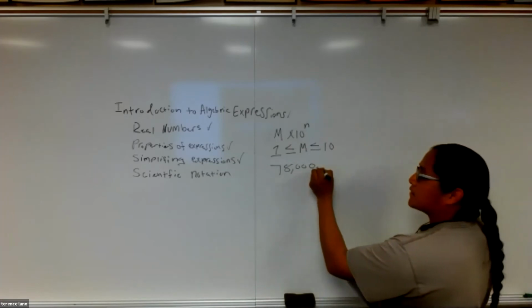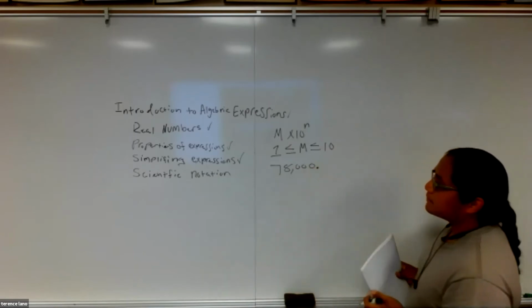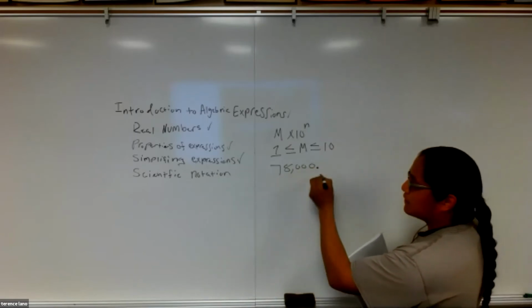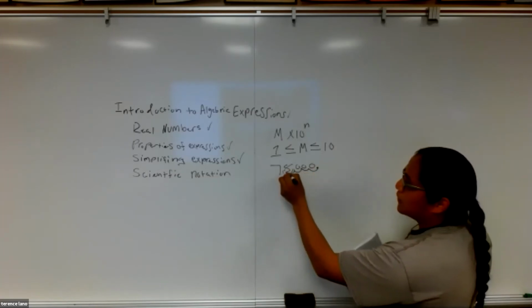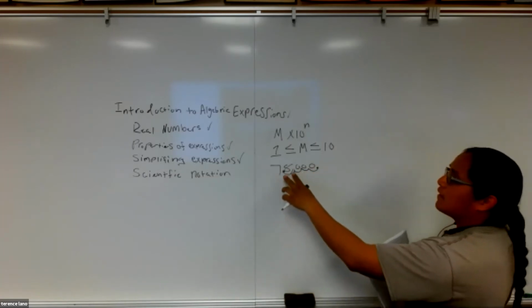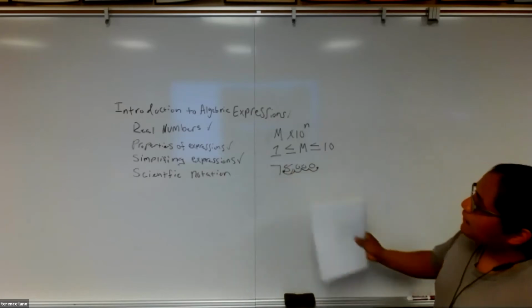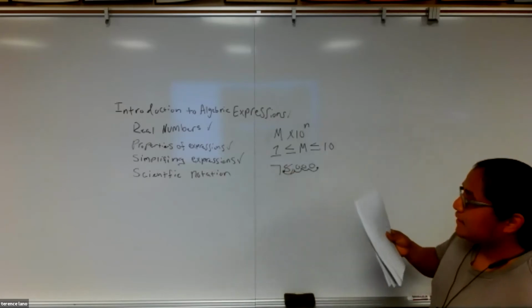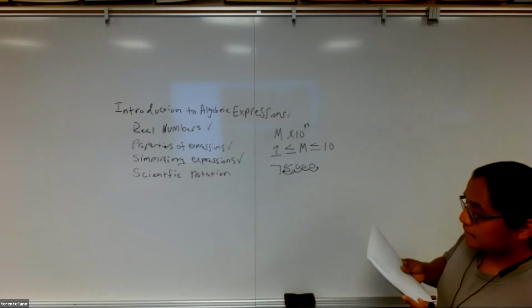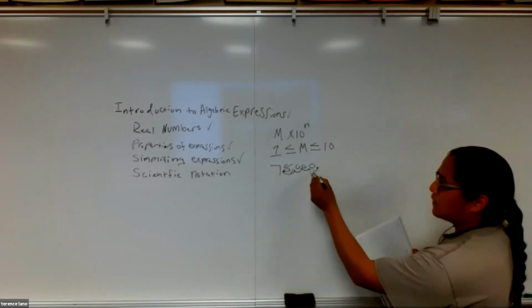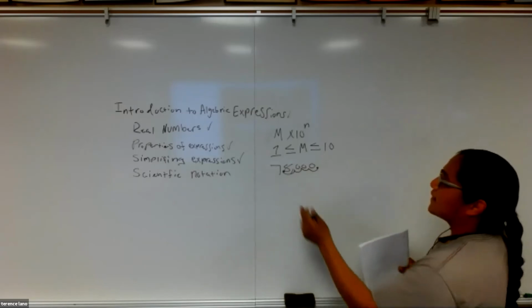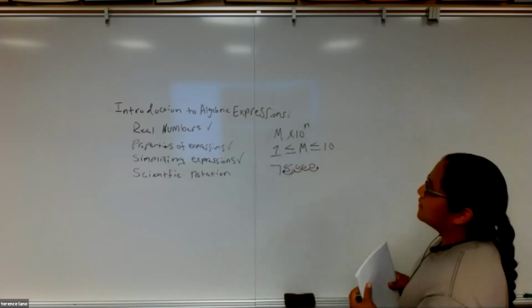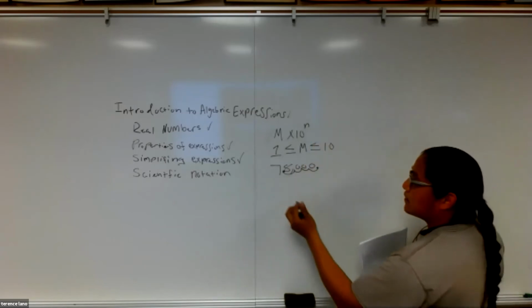Right here is where our decimal is at, and we could move it 1, 2, 4 decimal places to have our m less than 10, and we moved it 4 spaces, and that's where your n is going to be coming in.